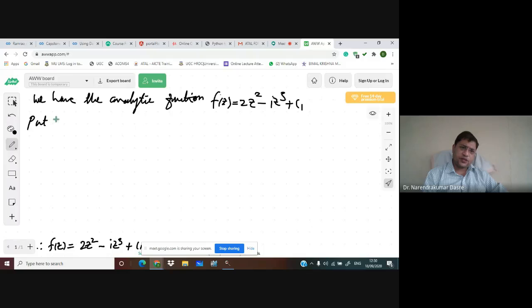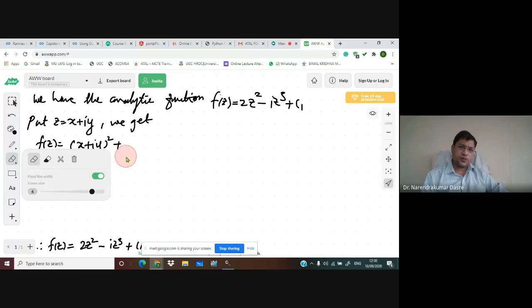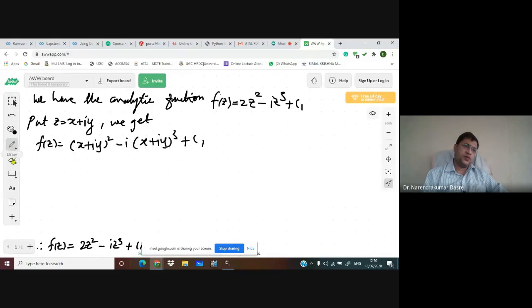So what we can do is put z equal to x plus iy. We get f of z equal to 2 times (x plus iy) square, minus i, times (x plus iy) cube, plus c.